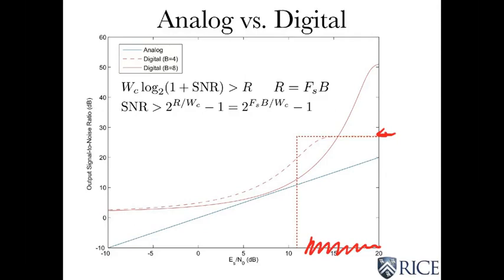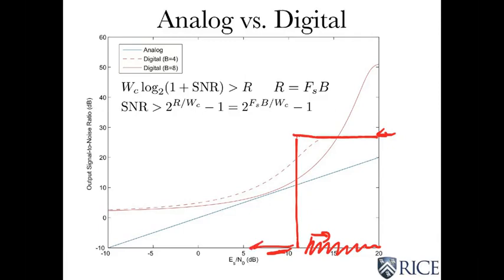But once I drop below this magic number, it turns out the signal-to-noise ratio goes to basically 0, and I can't get anything through. And this is the capacity wall, it's called. Once you have enough signal-to-noise ratio so that you're above some magic threshold, things are fine. Well, if you fall below it, things are not very good at all. You're going to be in big trouble.